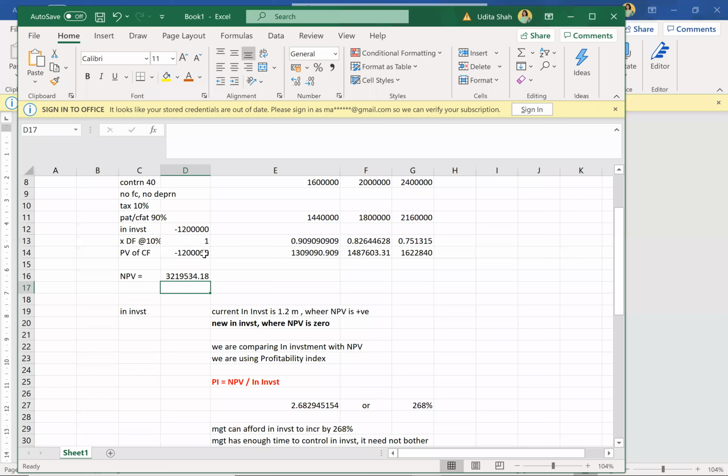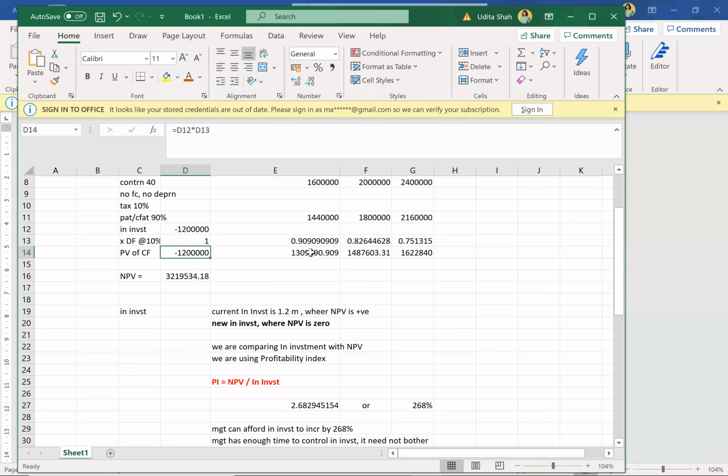So working capital will not affect much if my initial investment is already low. If my initial investment is 1.2 million, obviously working capital will not be more than 1.2 million. As compared to the inflows, the outflow, that is the initial investment, is far too low.